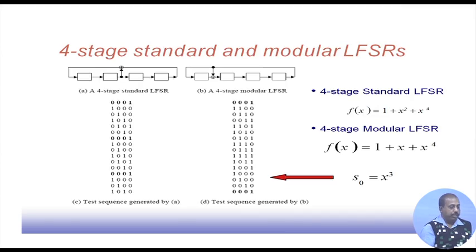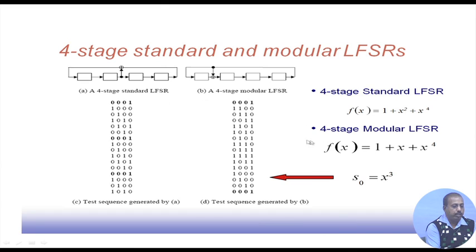It gives rise to many interesting properties. Say this standard LFSR, if we count it as 1, x square, x cube, x to the power 4, then while doing this addition, the 1 term is definitely there, plus the x square term and the x to the power 4 term; they are summed up and fed to the first flip flop.